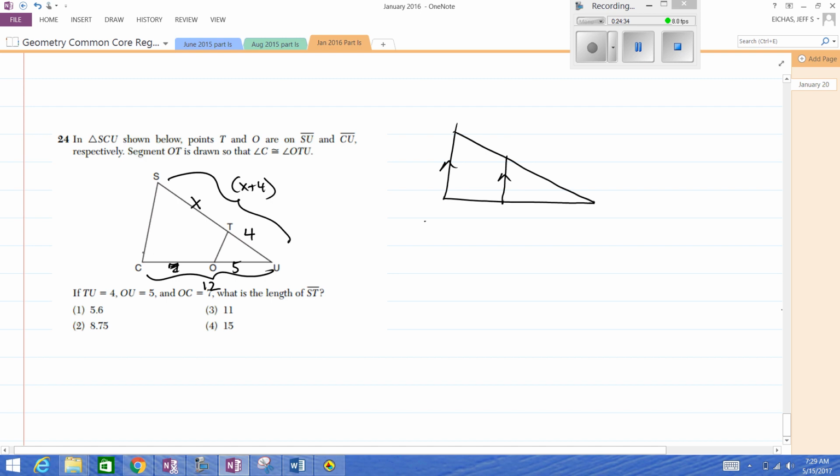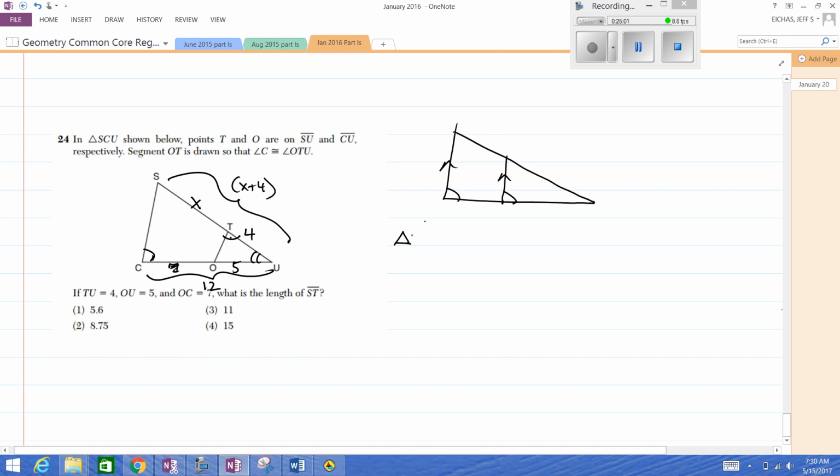Okay, angle C is congruent to angle OTU, that right there. So you see where we get that. Normally when they're parallel, when you have one triangle inside the other, those are the same. What they do? Well, they flip this figure so that these are the same. Now, of course, angle U is congruent to itself. So we do have similar triangles, but we got to be really careful here.